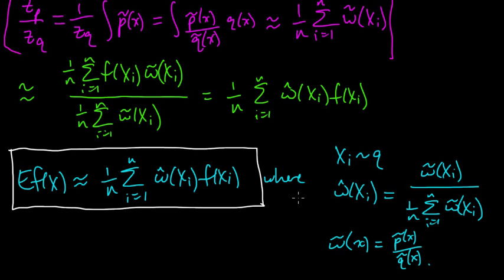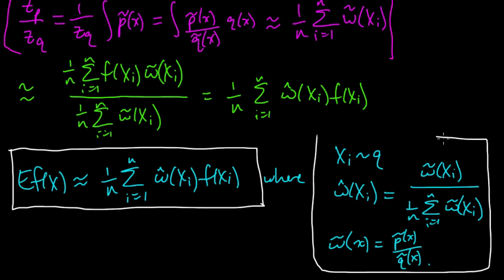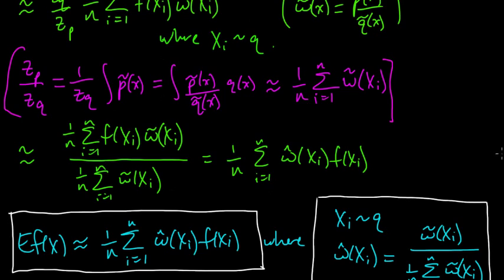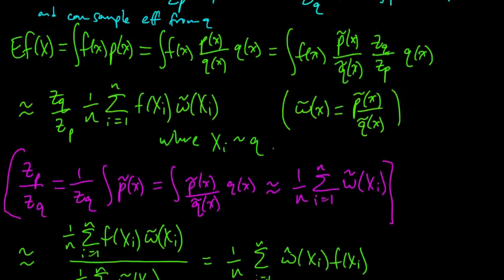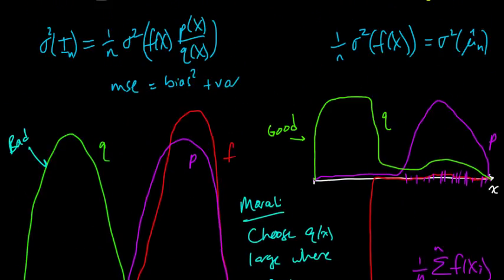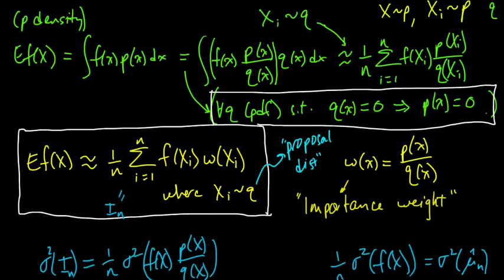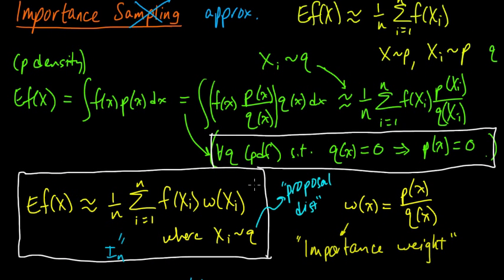this is importance sampling when we don't know the normalizing constants. Now you can note that there's a strong similarity. You can sort of remember this by noting the similarity with the original importance sampling formula here.